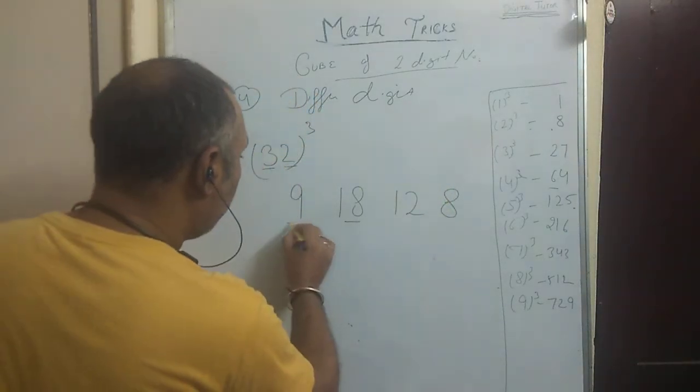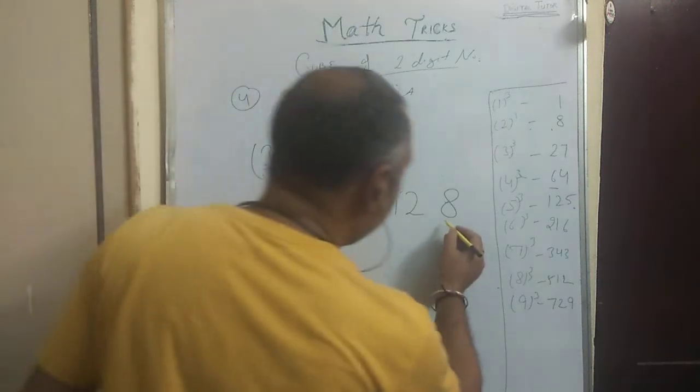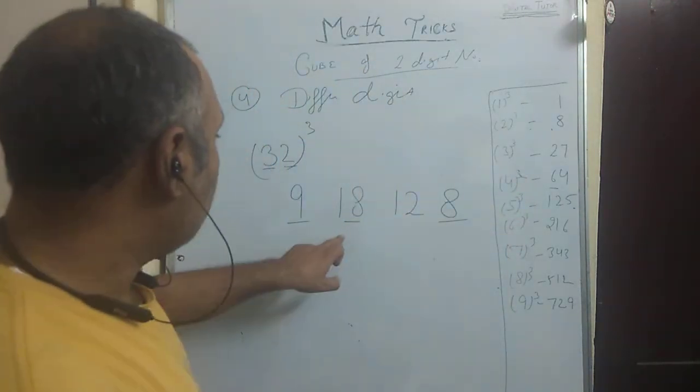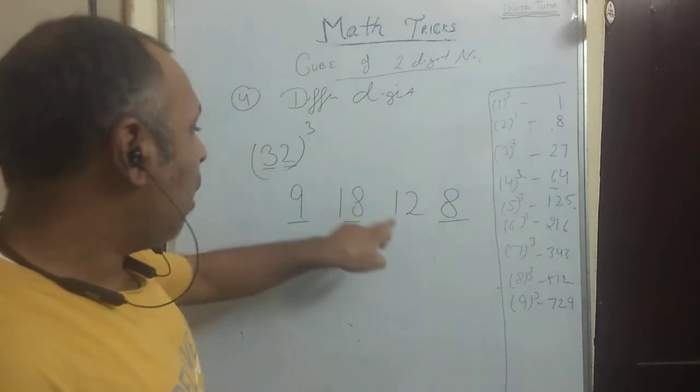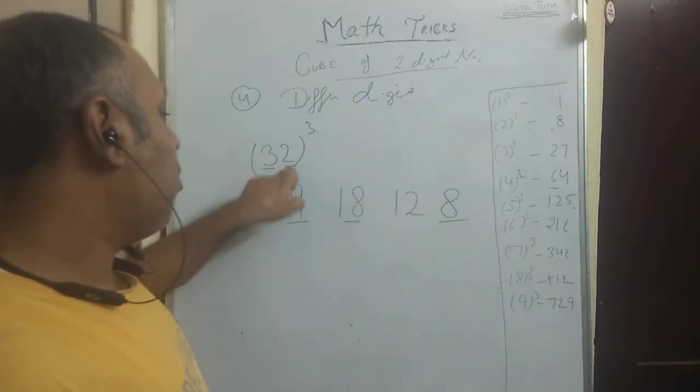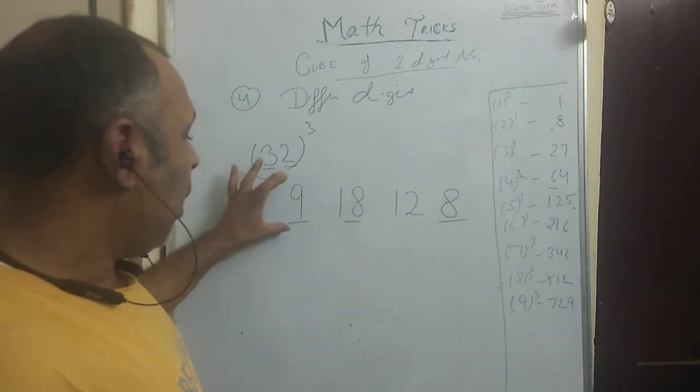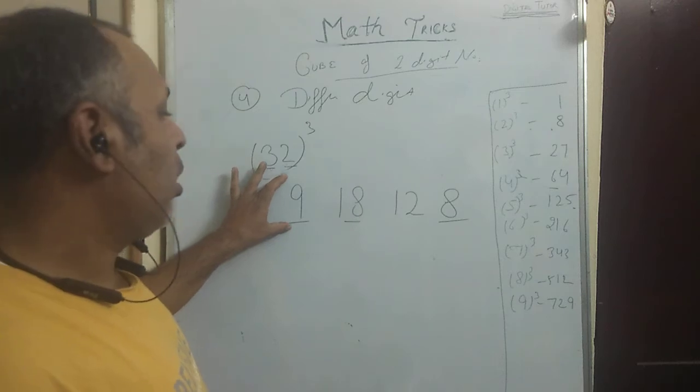First term, first cube. Last term, second cube. On the second place, the first square multiplied by the second term. And on the third place, the second square multiplied by the first term.